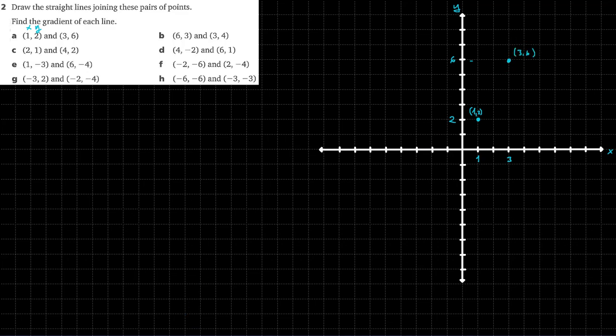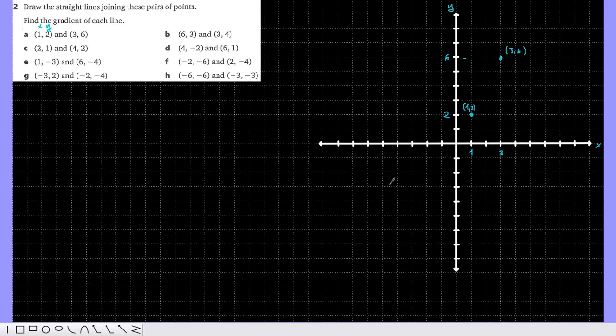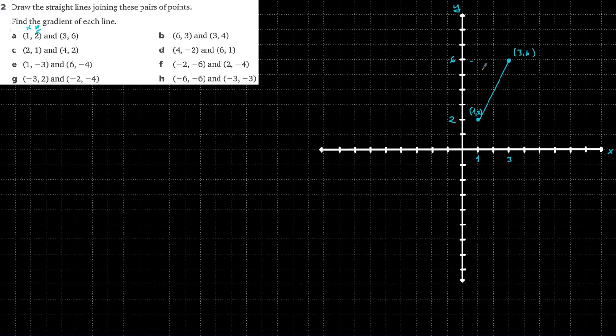If I draw a line between them, I'm going to use this tool here and draw like this. So it's the line segment between (3, 6) and (1, 2), a straight line.